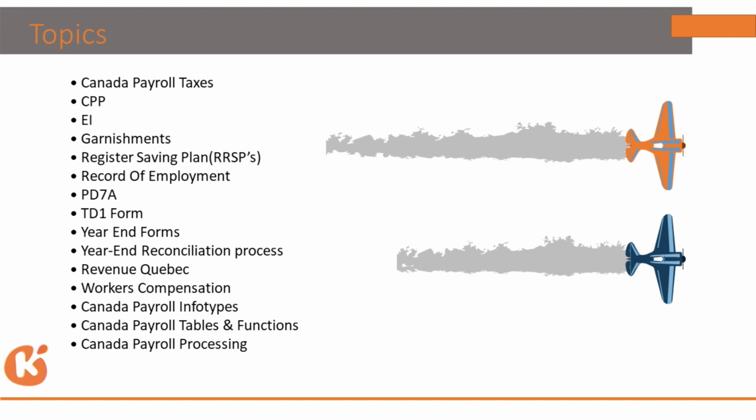CPP: we'll discuss what CPP is, at what time the CPP eligibility expires, what the current rate is, and why we contribute to CPP. Is it an employer contribution only, or both employee and employer contribution?